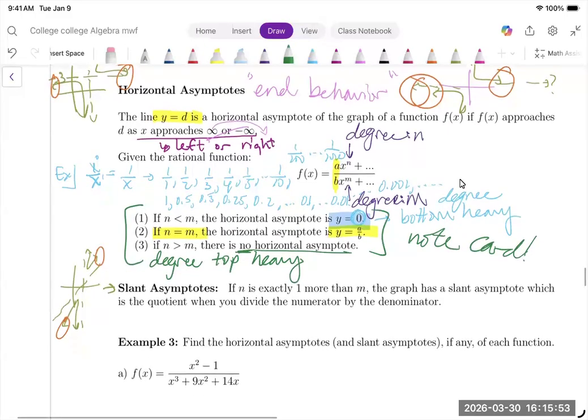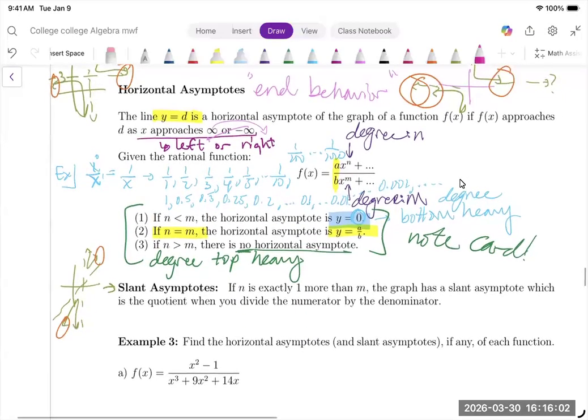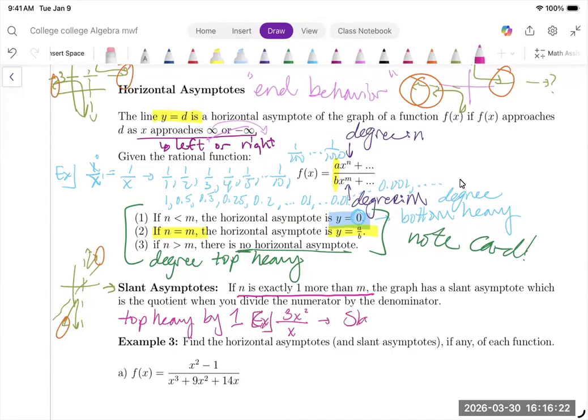There is a caveat, of course, because that's what makes math hard. It's not that math doesn't follow its own rules, it's just that its rules have exceptions. So if n is exactly 1 more than m, so if you are top heavy by 1, let's say I have 3x squared over x, for example, then we have a slant or oblique asymptote.